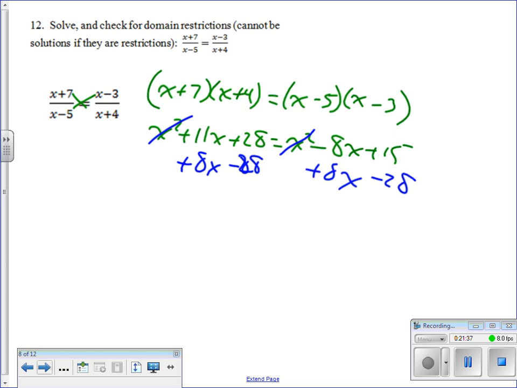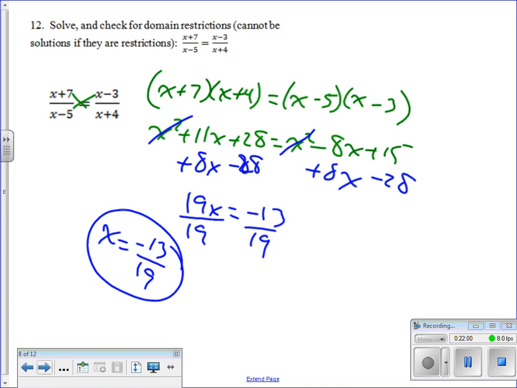So 8 plus 11, that's 19x equals 15 plus negative 28, let's see, negative 13. Divide by 19. x equals negative 13 19ths.